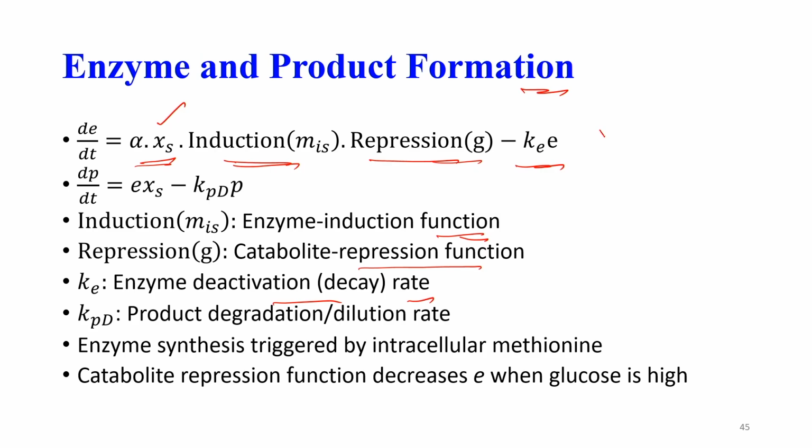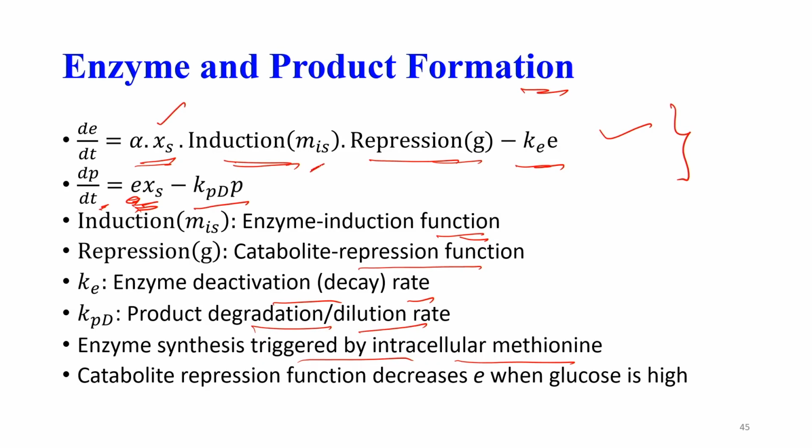In this way the enzyme is synthesized, and now dP upon dt is linked with this enzyme concentration, enzyme into XS, minus a product degradation or dilution rate into P. These are very simple, straightforward kinetics, but what we are seeing is that first there is a synthesis of enzyme, and the enzyme concentration is linked with the product formation. Enzyme synthesis is triggered by the intracellular methionine.